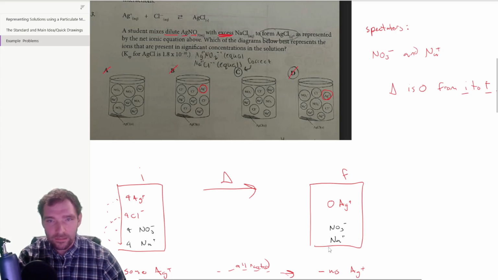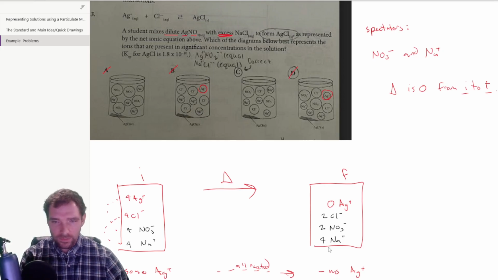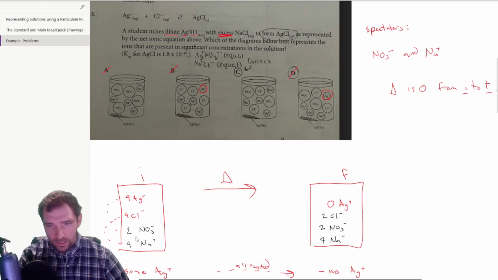So what we could say is, instead of 4 and 4, what if we said we've got 2 NO3s, and then 1, 2, 3, 4 NAs, and then 2 Cls? And so what that means was that we had 2 of the NO3s originally, and we had 4 NAs originally because they don't react.